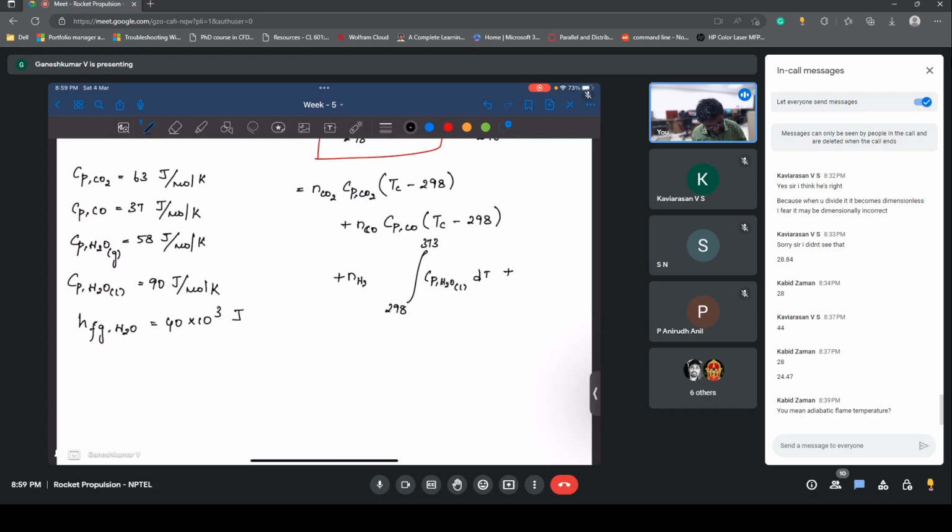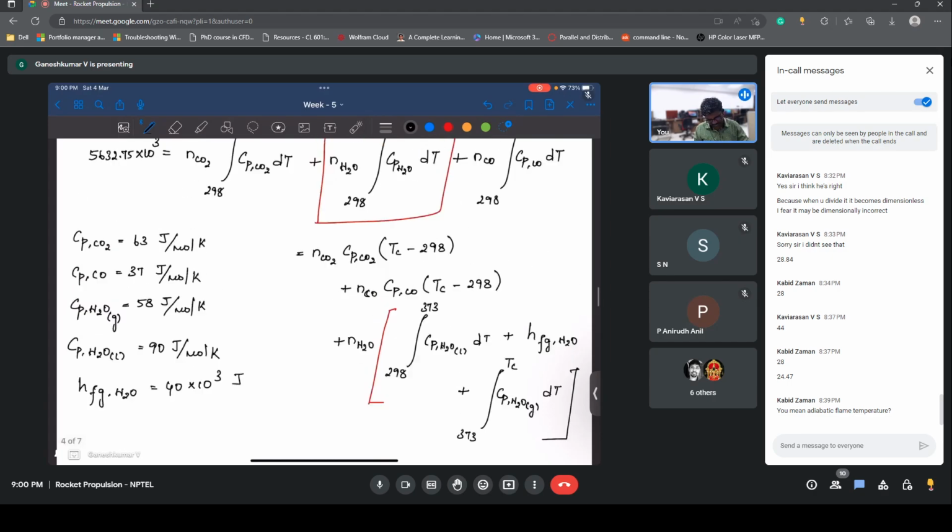Plus h of g, which is the latent heat, which is also energy you need to give in order to evaporate, plus from 373 you need to raise it to Tc. And now the Cp has changed because it's in the gas phase. Now there is another Cp.